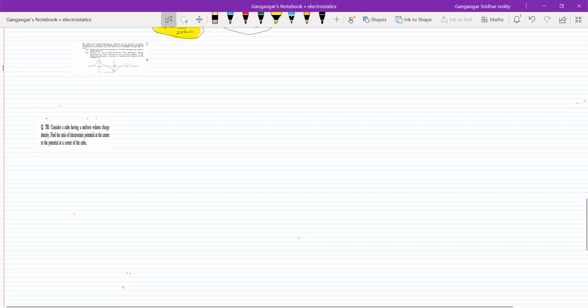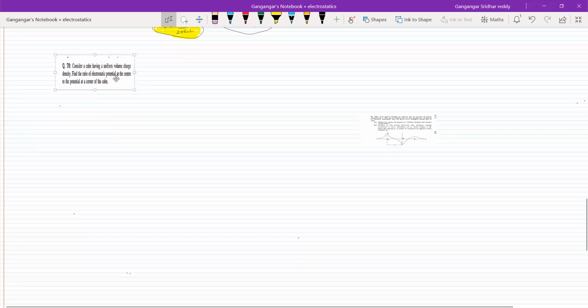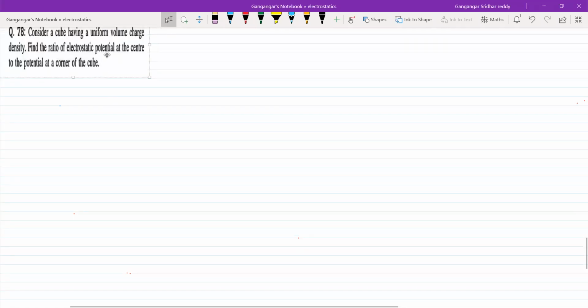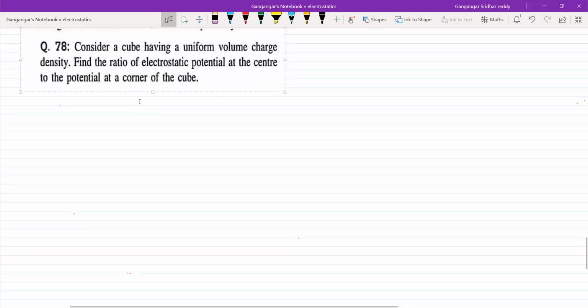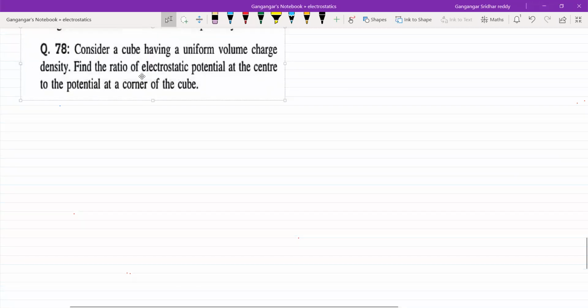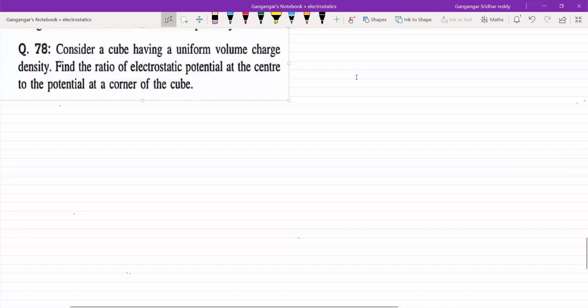Okay, first we'll discuss this question then. No, this is simple, it is there in Pathfinder also. No need of any big analysis.